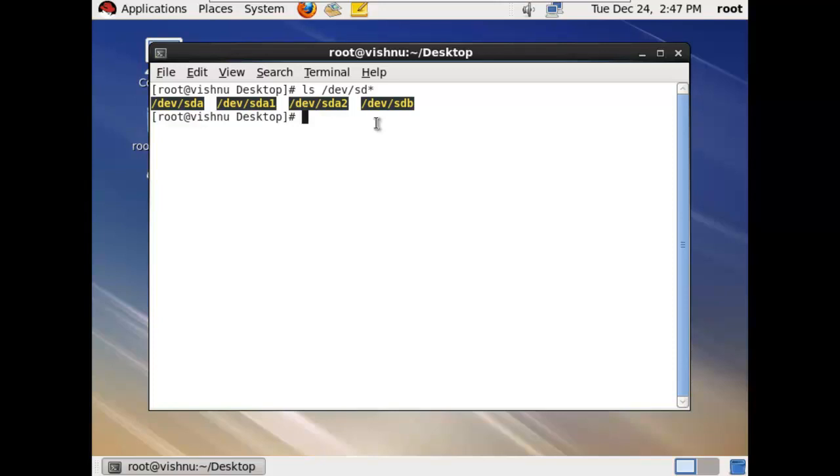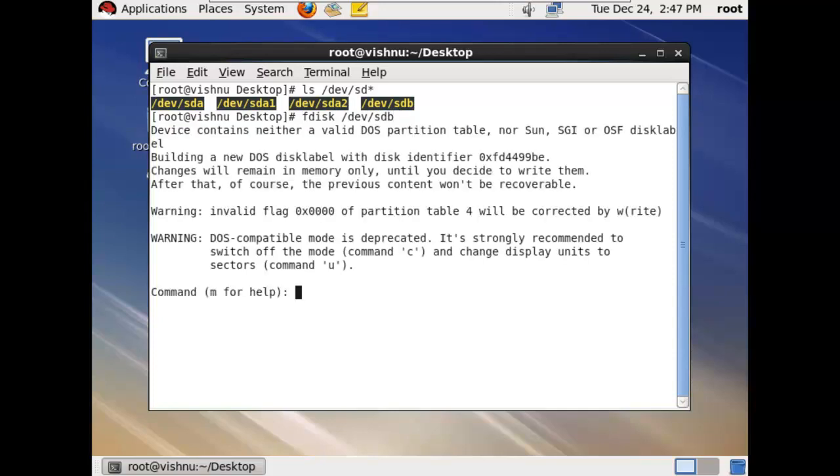Okay, so if you want to verify that this SDB is having what size, then that you can also verify. So the command for creating all such things is fdisk /dev/sdb and press enter. Here you will write P and then press enter.